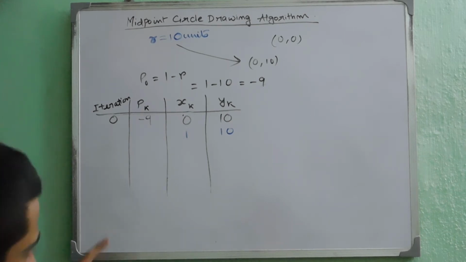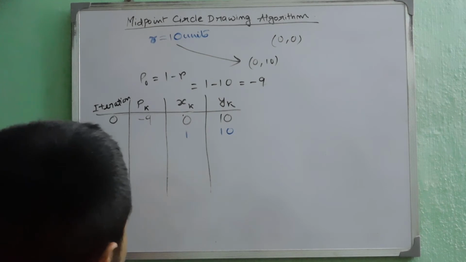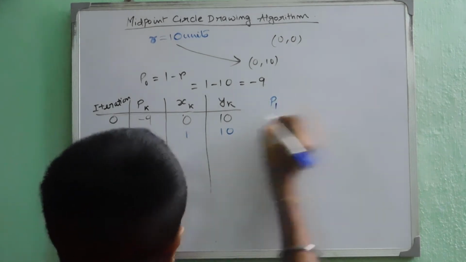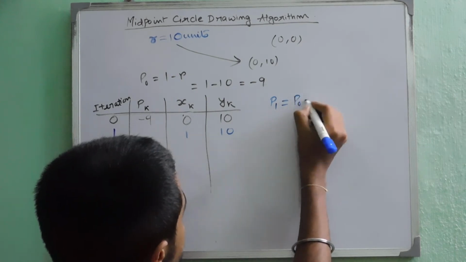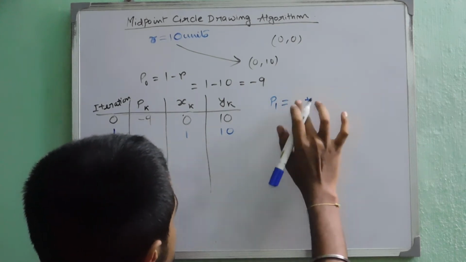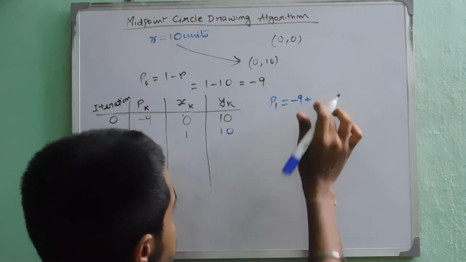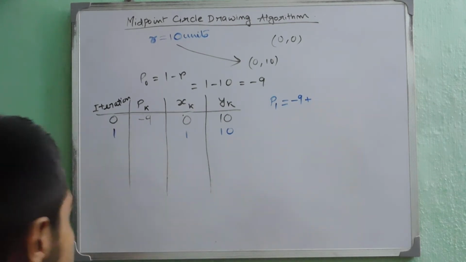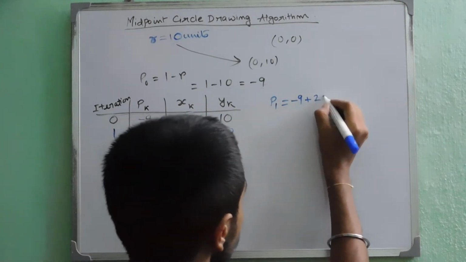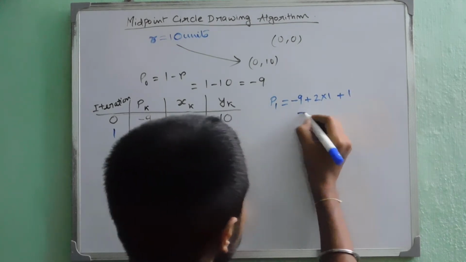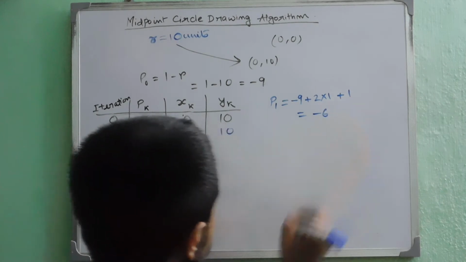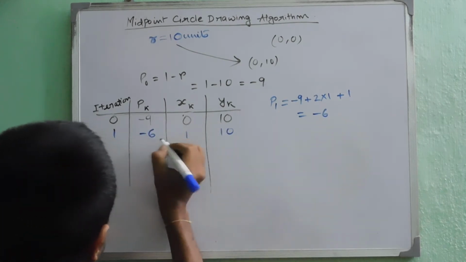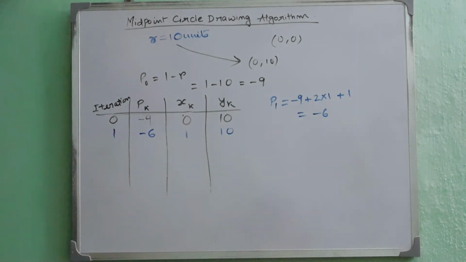Now we will calculate p1. p1 will be equal to p0, that is minus 9, plus 2xk plus 1, that is 2 into 1, plus 1. This is equal to minus 6. So our second decision parameter will be minus 6.